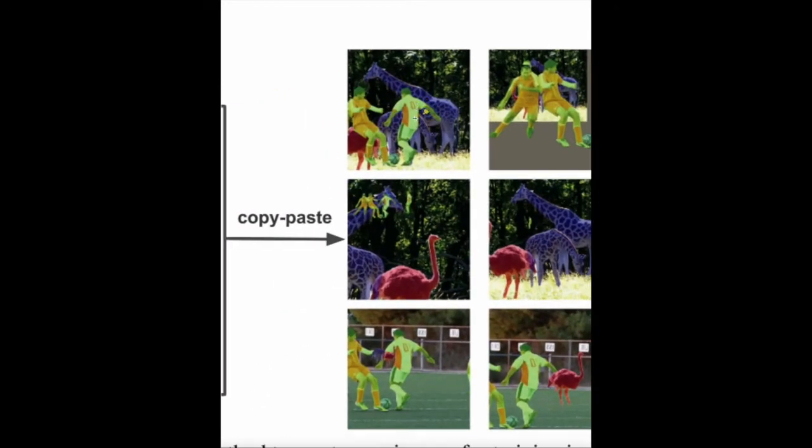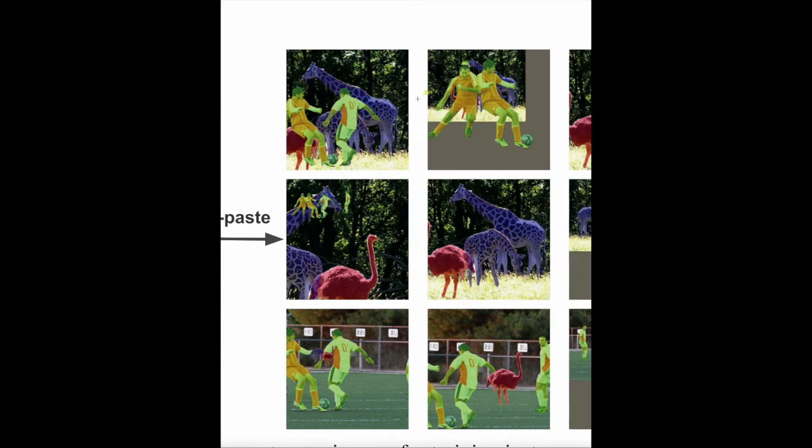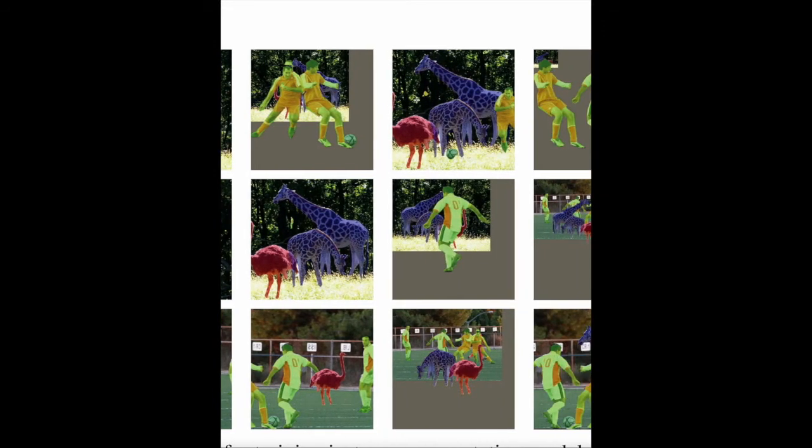You have some jittering on the size, which they call standard scale jittering and large scale jittering, basically to say that they perform both super big scale changes or standard ones, which are smaller, and they also perform the same scale or similar scales on the image.